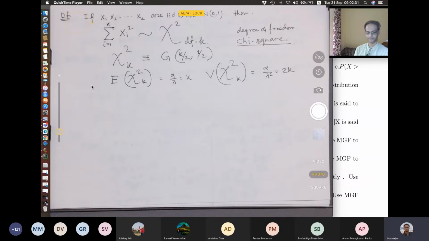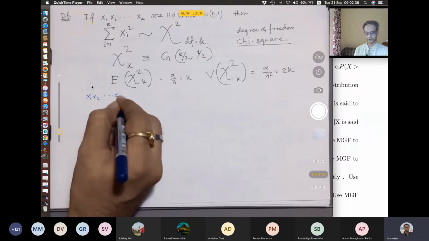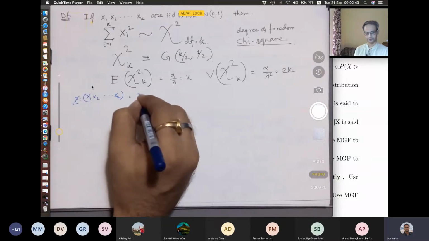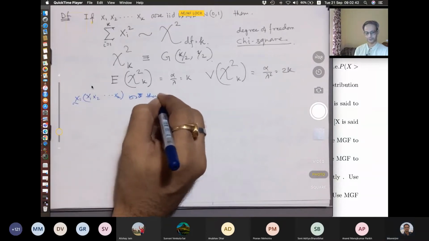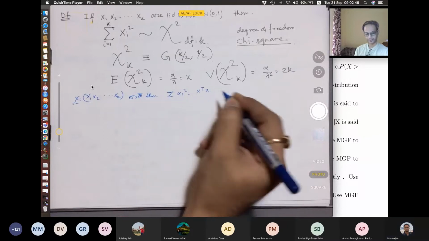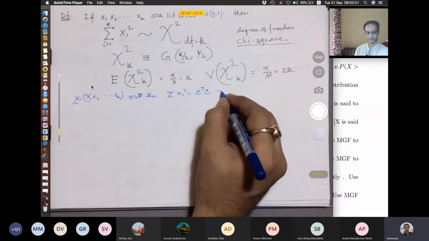If you consider that x1, x2, up to xk is a vector, then the sum over xi square is x transpose x. And what does it represent?